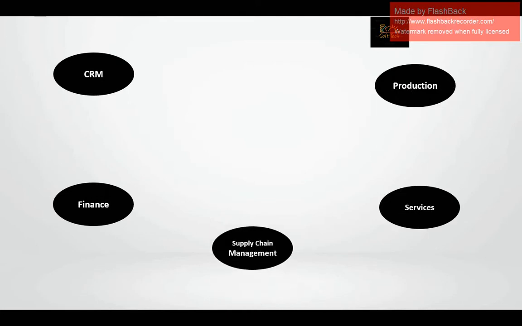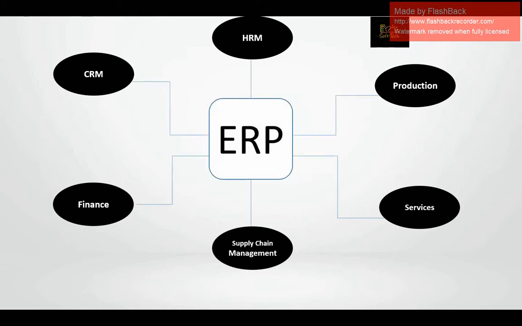In modern ERP, the CRM data, finance data, production data, services data, supply chain management data, and HRM data are stored in a centralized way, and departments can access each other's data and know what is happening in every department. The sales person can go to supply chain management and inventory management, and check what inventory is available, what stock was sold today, and what revenue was generated today.